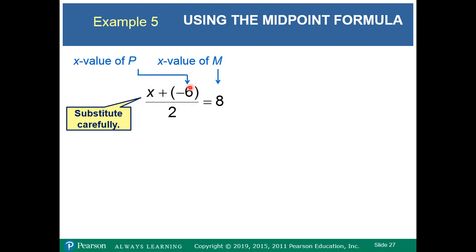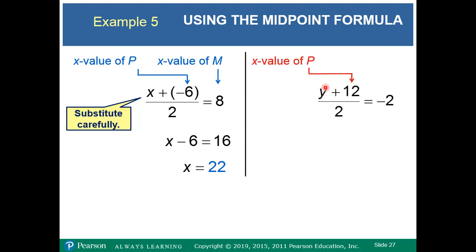We're just using the midpoint formula for the x coordinate: the x of one point plus the other x value, divided by 2, has to equal the x value of the midpoint. Let's solve this one. So x is equal to 22. Now we're going to do the same thing for the y. So y plus 12 divided by 2 has to equal -2.